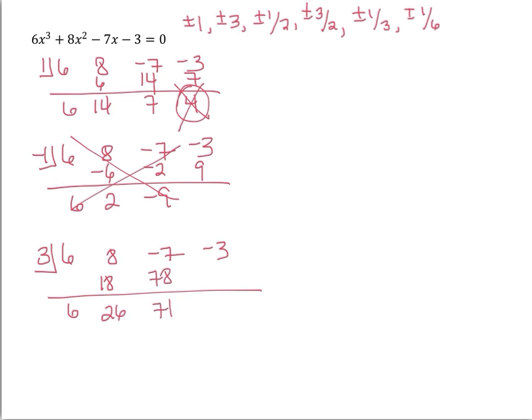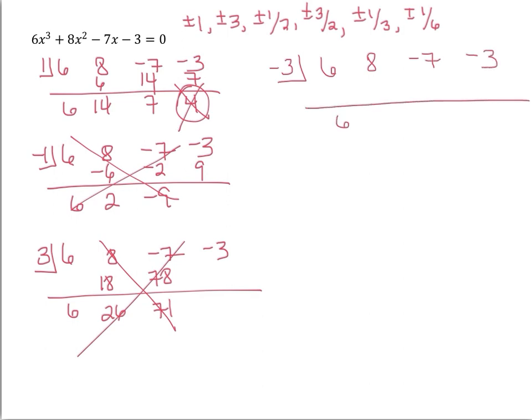I can actually stop here because I know 71 times 3 is not going to give me positive 3. So stop there. Again, I can stop here because I can see that 23 times negative 3 will not give me positive 3.